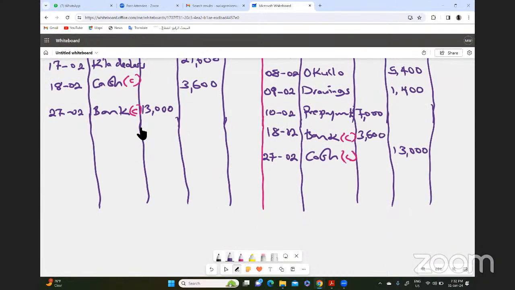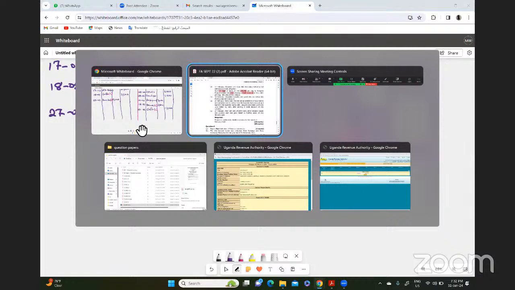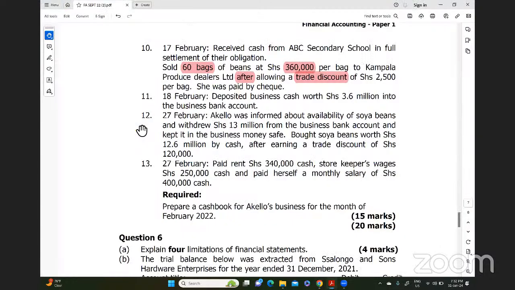Okay, fine. Let's continue. So bought soybeans worth 12.6 by cash after earning a trade discount of 120. So the trade discount, ignore. The 12.6 is the actual money that we are supposed to pay.